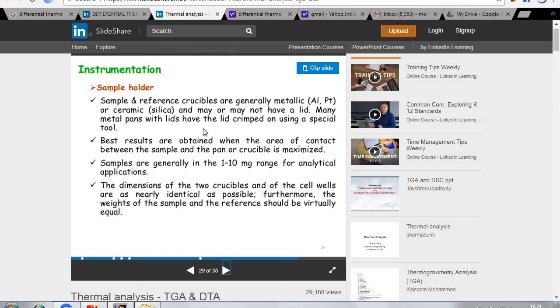Either crucible or cup shaped or shallow pans are used, but shallow pans are widely preferred due to their heat transfer property and homogeneous distribution. The area of contact between the sample and the pan should be maximum. The samples are generally in the range of 1 to 10 mg, and the dimensions of the crucibles and that of the cell walls are as nearly identical as possible. Okay, so both should be of the same size.